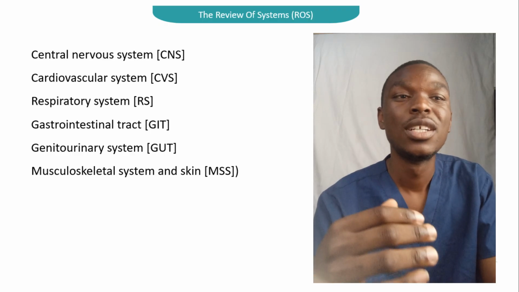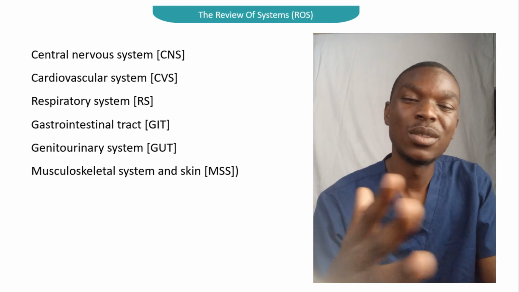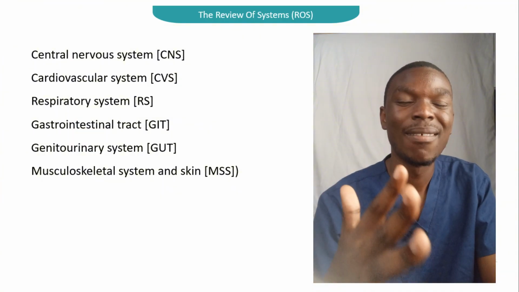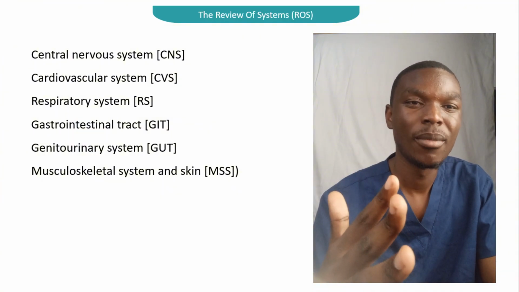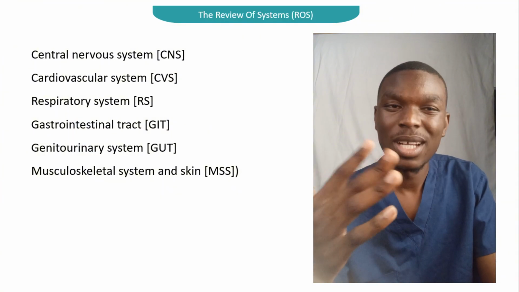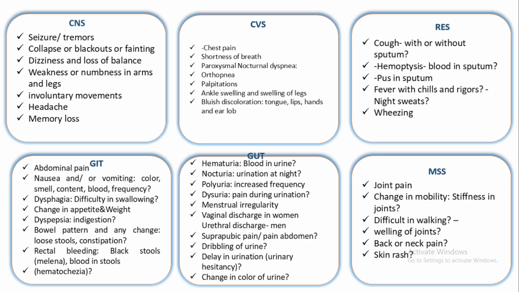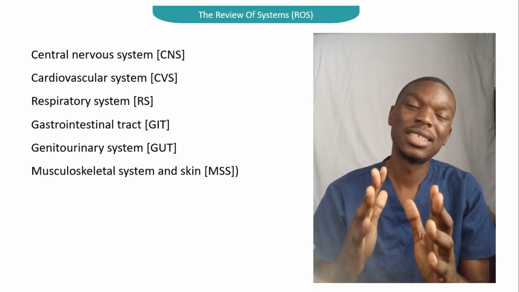Then you move to the review of systems. This one is straightforward, just like in internal medicine. You're asking about things that they have not presented with, so ask about the central nervous system. I'll put up questions about this review of systems. These are just straightforward questions to ask, and the patient will respond so that you are able to catch other conditions the patient has, but for them they think it's not important.